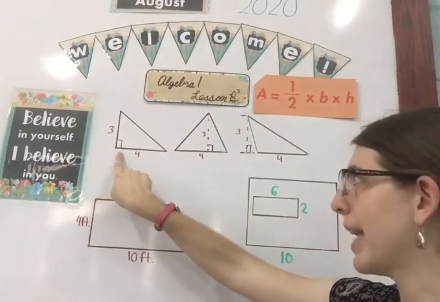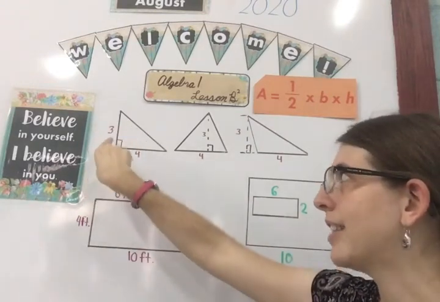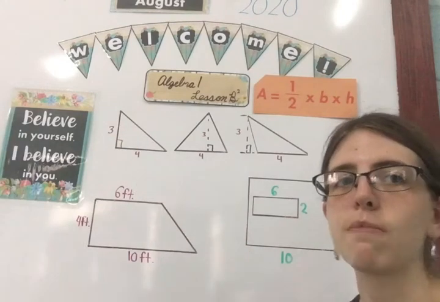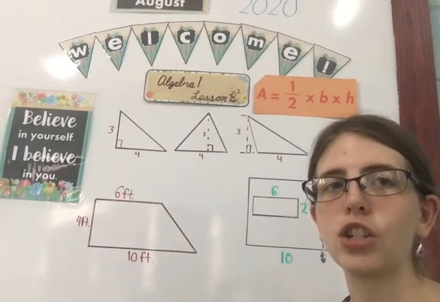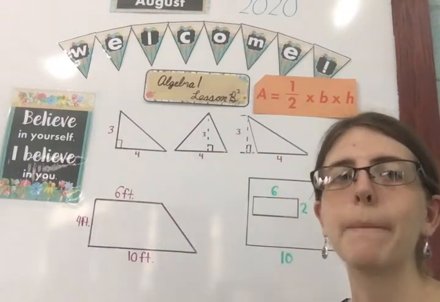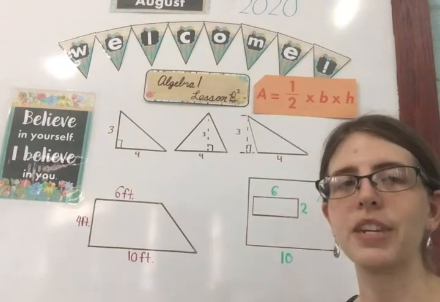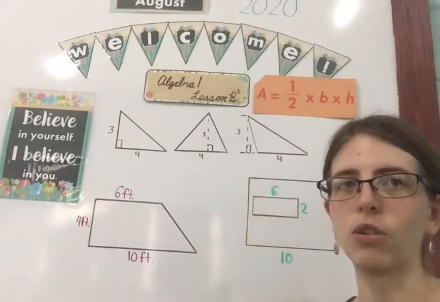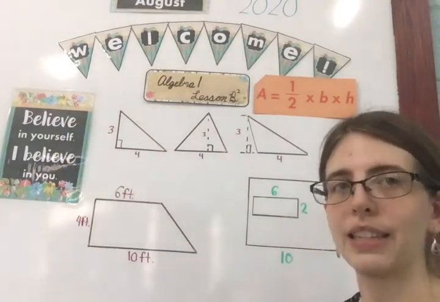Here you have your base, 4, and your altitude, your height, 3. It's that part that is perpendicular to your base. You'll see that little box showing a right angle because it's perpendicular. We talked about that in our last lesson. Perpendicular means it's at a right angle. So our altitude is perpendicular to our base.